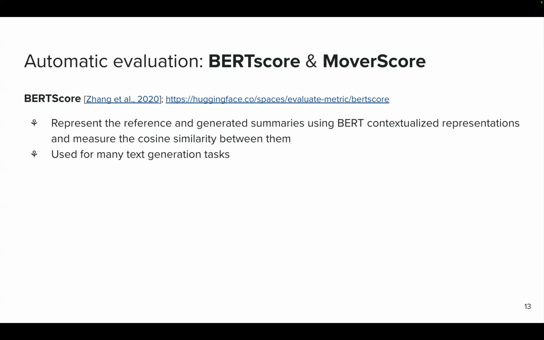In how BERTScore was introduced, you are not doing any additional fine-tuning of BERT. Rather, you use pre-trained BERT to get the vector representation of your two summaries, and then you check the similarity between them. So no additional fine-tuning is done, and it's pretty simple. Any questions about BERTScore?